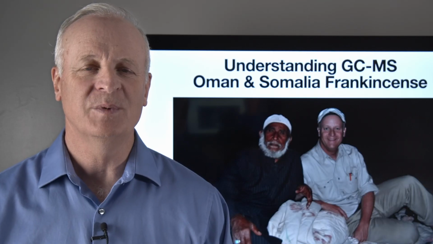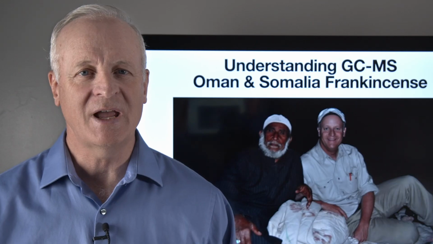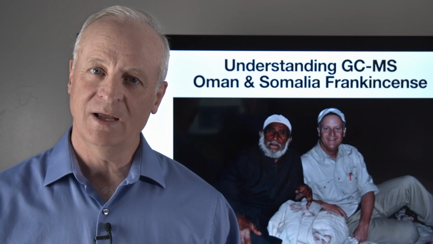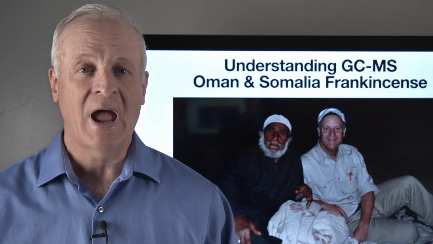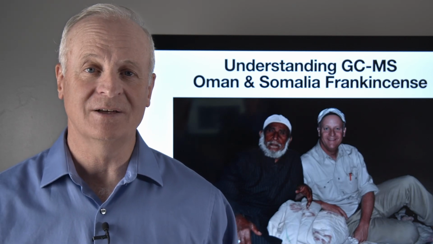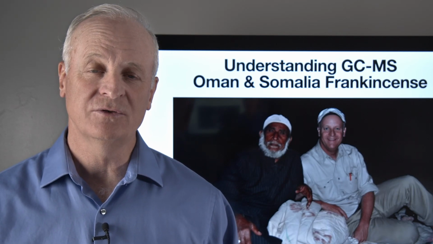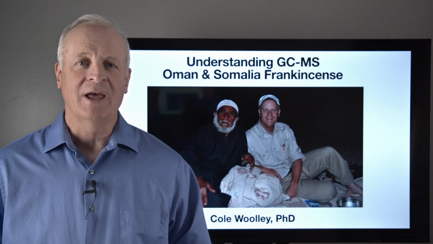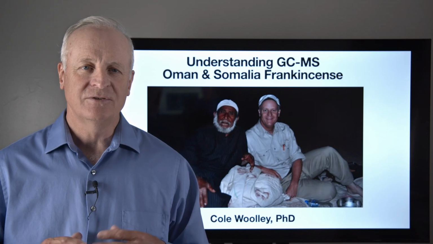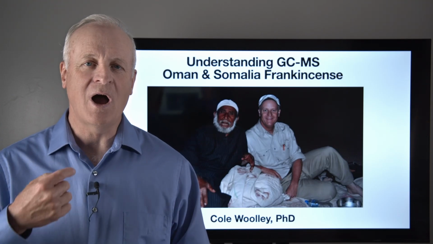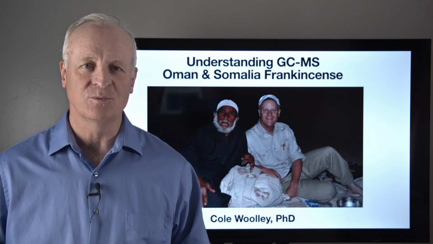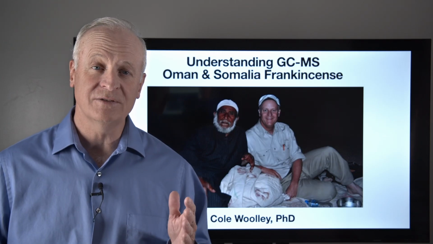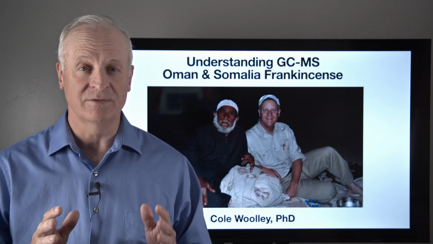Now, this video has been all about understanding the value of GCMS, what it can and what it cannot do, how it takes an experienced analytical chemist to understand and interpret GCMS reports. And all of this is to help you understand how I used analytical instrumentation to help differentiate Oman frankincense from Somali frankincense.